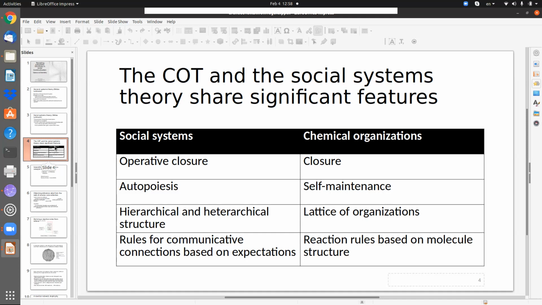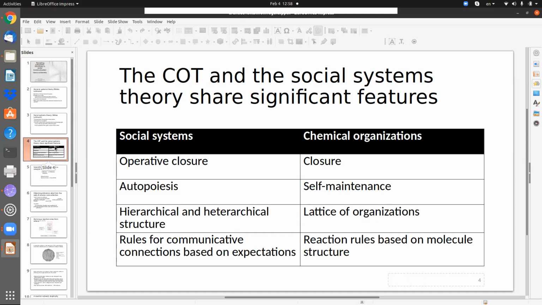In social systems, we have rules for communicative connections based on expectations, and in chemical organizations, we have reaction rules based on molecule structure. So that made us believe that it should be possible to describe social systems with a finite set of rules.